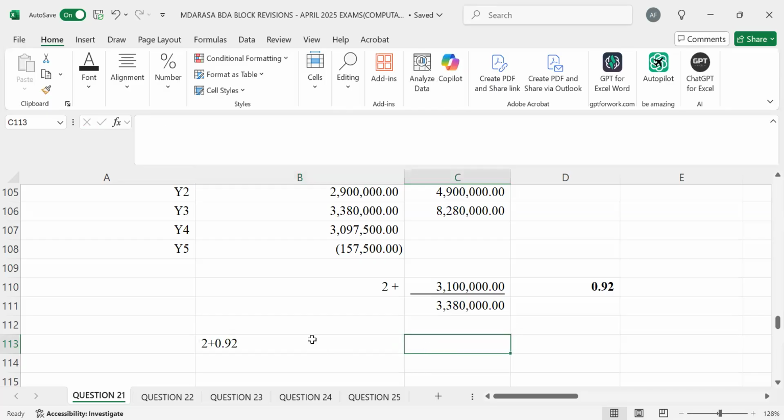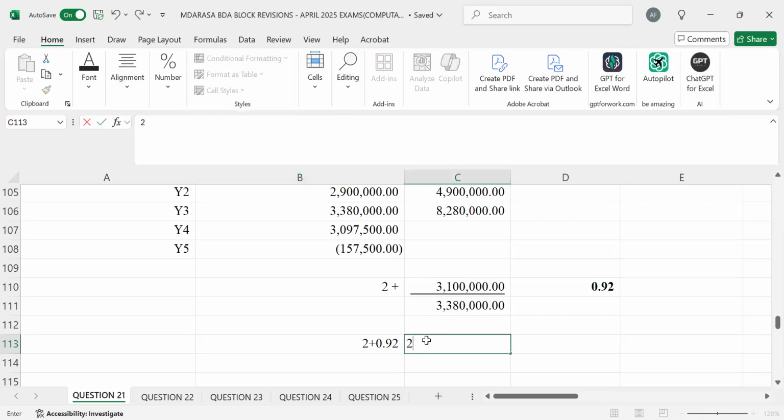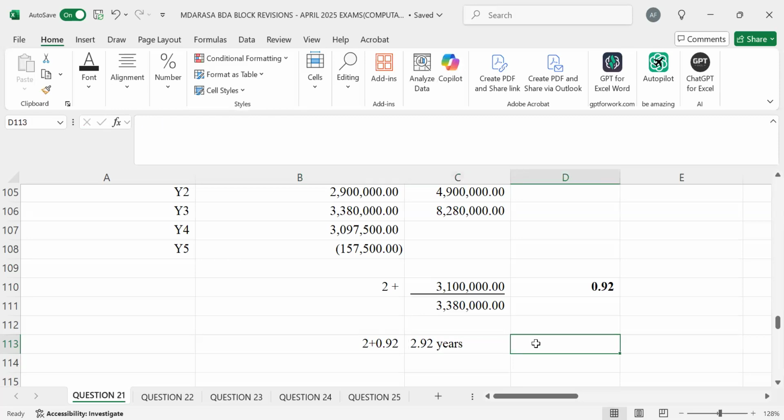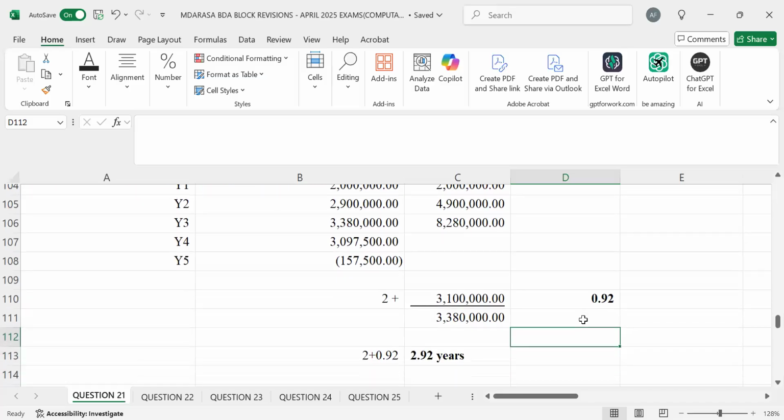Therefore, our payback period is 2.92 years.